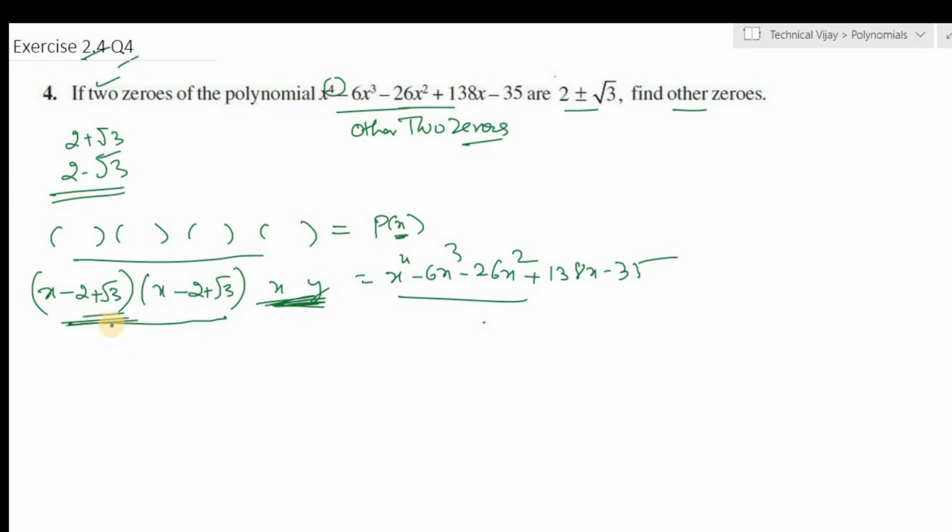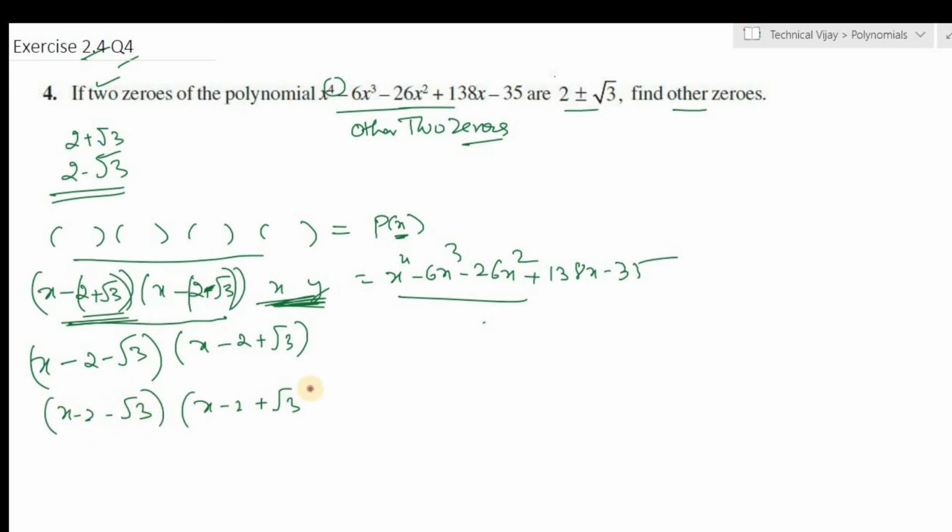So first we will calculate this product. x minus 2 minus root 3, and x minus 2 plus root 3. Observe this: this is a, and this is b, so it is like a minus b into a plus b.